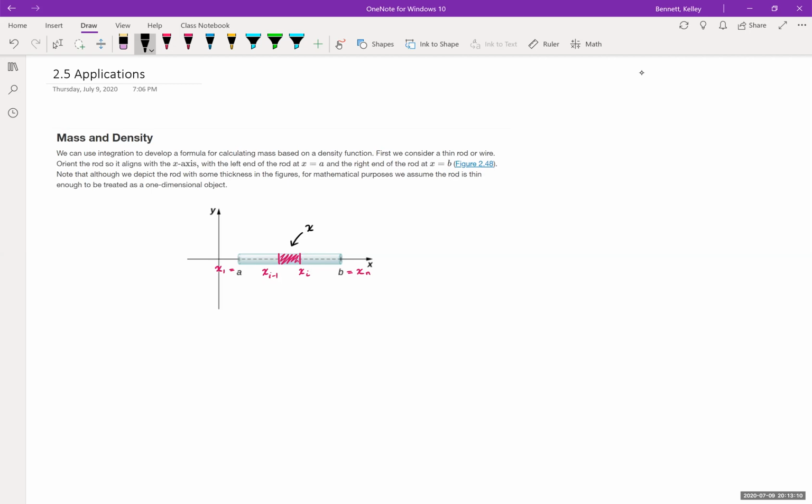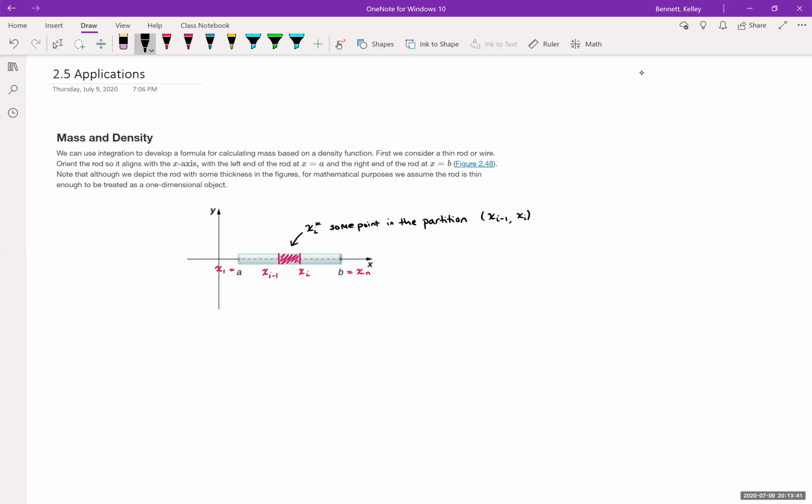We're going to call it xi star, and it's just some point in the partition or interval xi minus 1 to xi. You could think of it as the halfway point, but it's more general than that. It could be closer to the left, closer to the right, whatever.